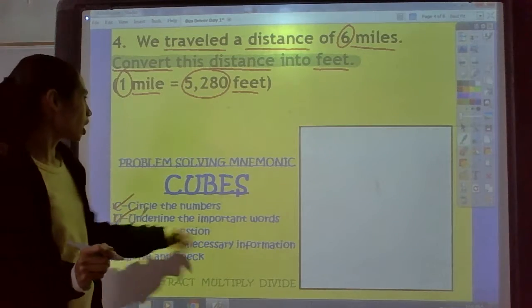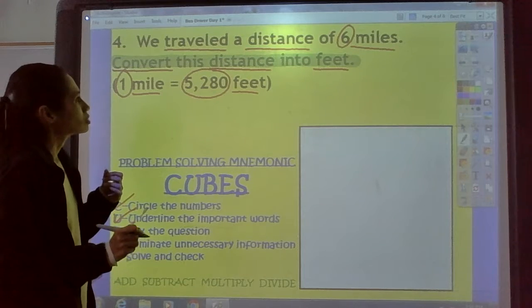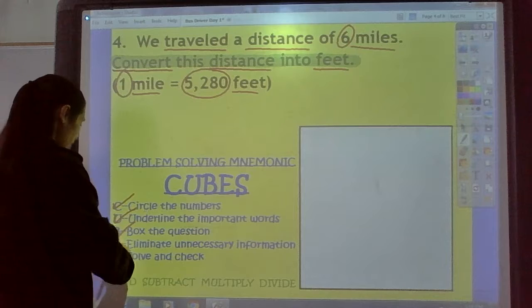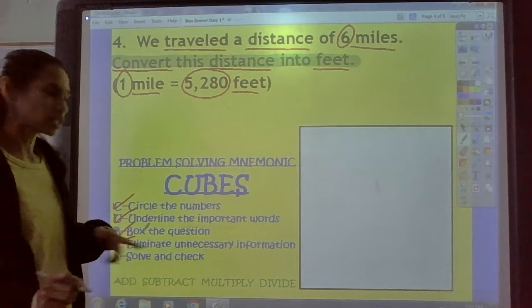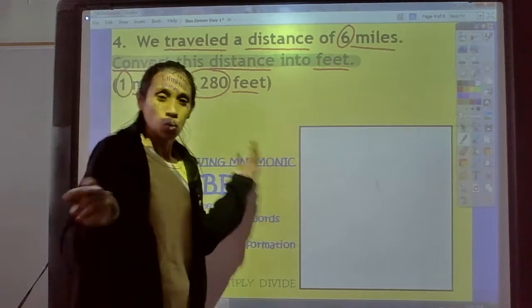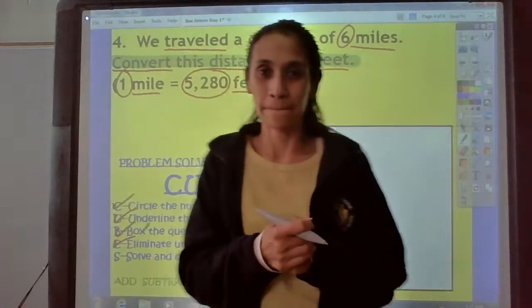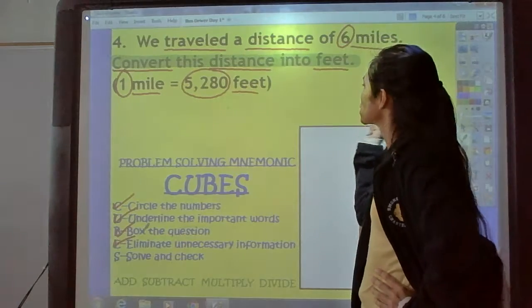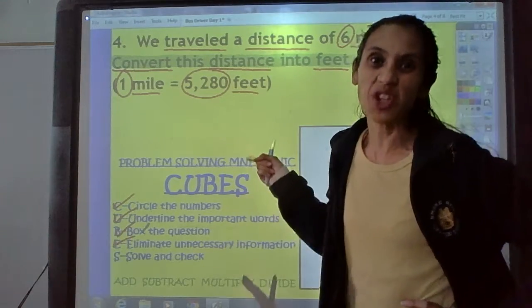And eliminate unnecessary information. Not too much to eliminate. I think we're good with that. And the next thing we do is solve and check. All right, so what operation do we need to do? Let's think about it first. It says that we traveled a distance of 6 miles. I'm going to draw a picture right here.